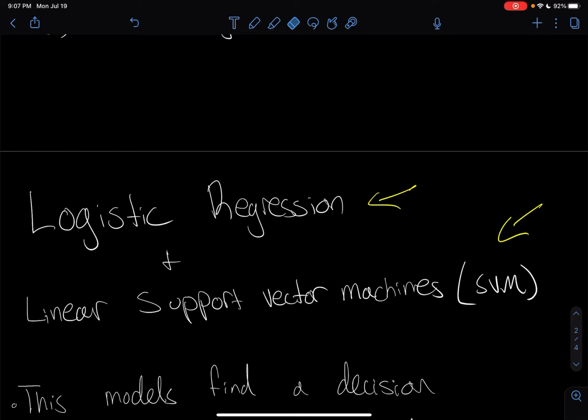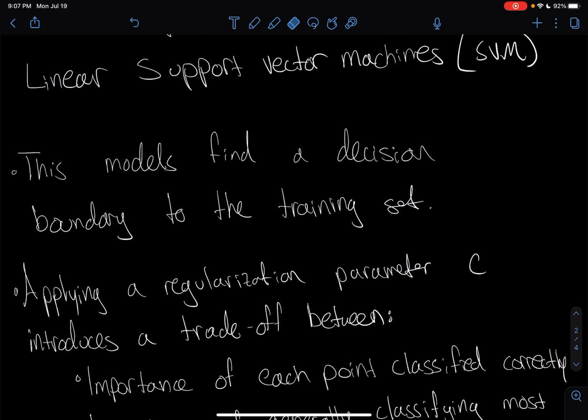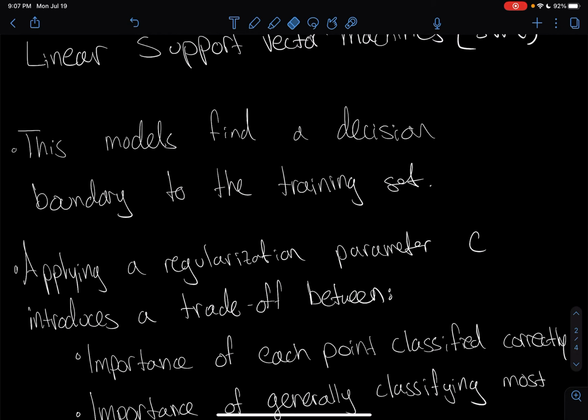Those can be pretty mathy, and I want to keep this pretty high level, but just know that these are two popular types of models that are used in classification for linear models. Again, these both find a decision boundary to the training set. Their algorithms are a little bit different, but in the end, their goal is to learn this hyperplane or decision boundary that can be used to classify the data.